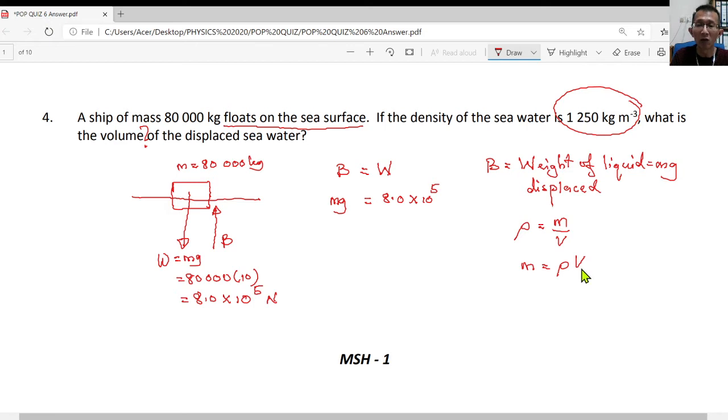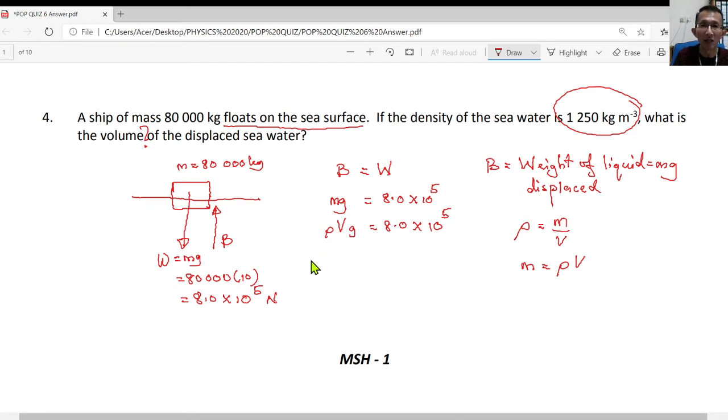Next I am going to substitute my mass into the equation of buoyant force equal to the weight of the displaced liquid equal to the weight of the ship. So here rho V g, since m is rho V. So I have rho V g equals 8.0 times 10 to the power of 5.